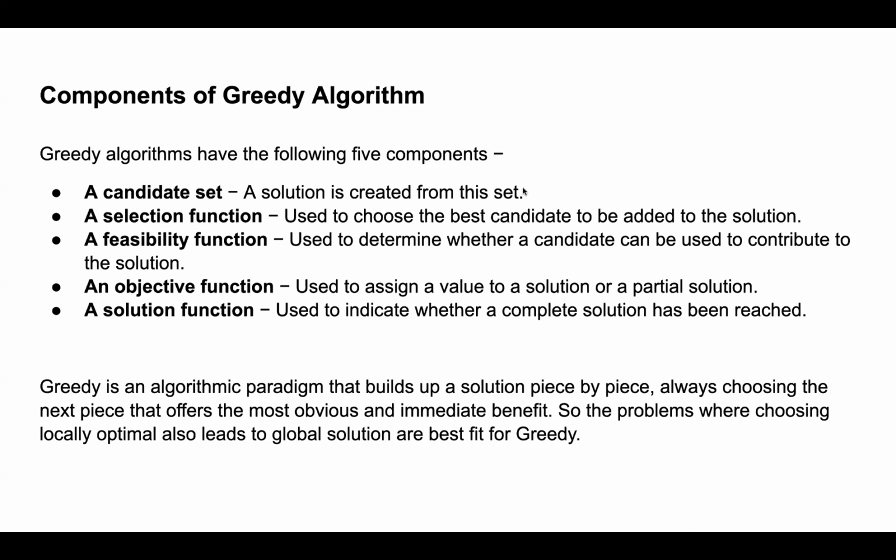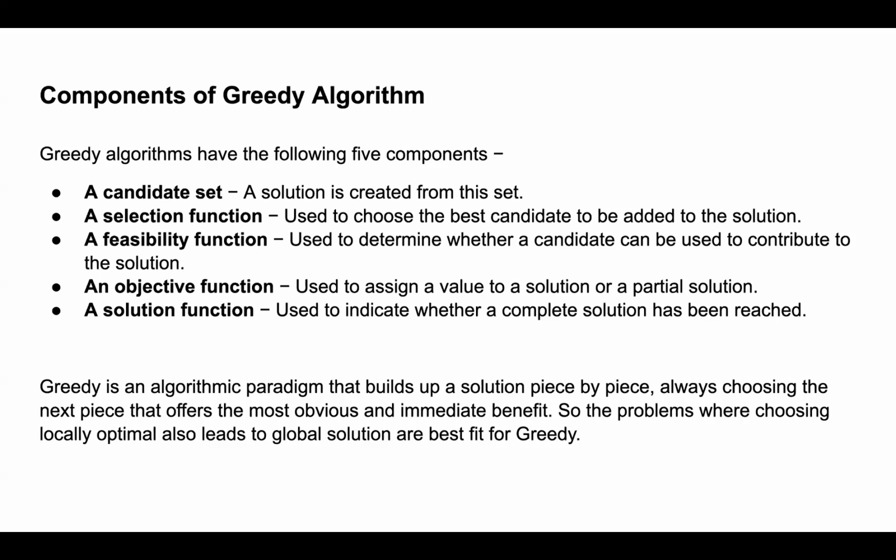Then what will the next step be? The objective function. Now it will assign values to the given problem, to get the solution from that. It will assign some values to get the solution or a partial solution.